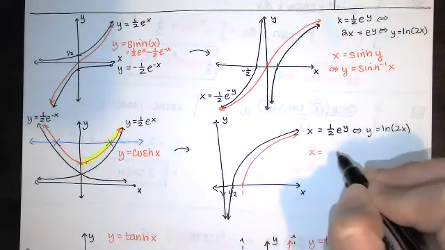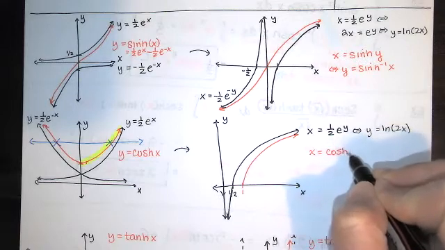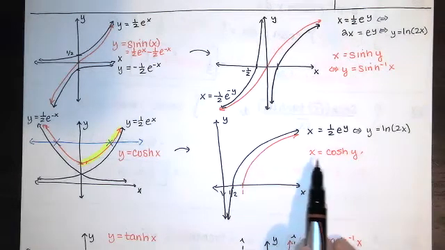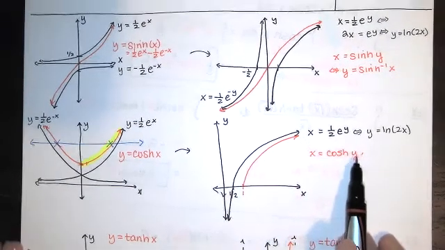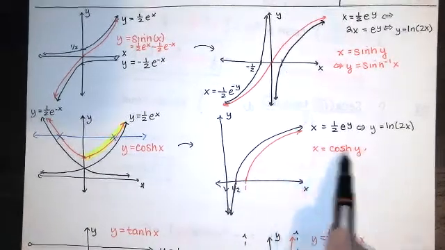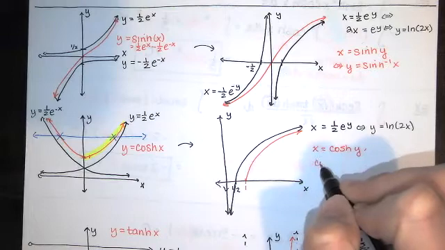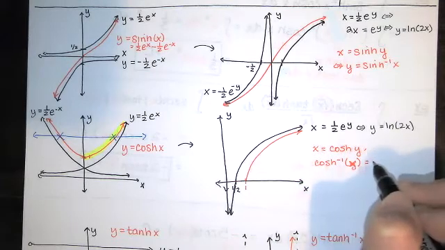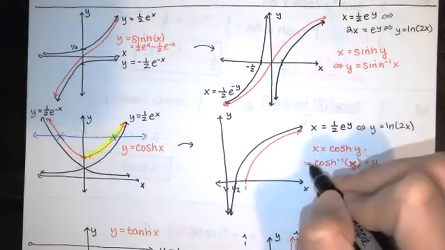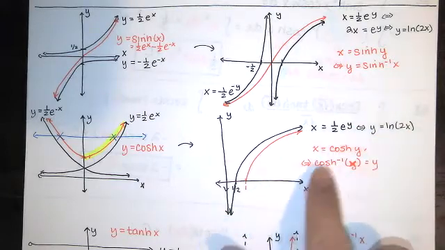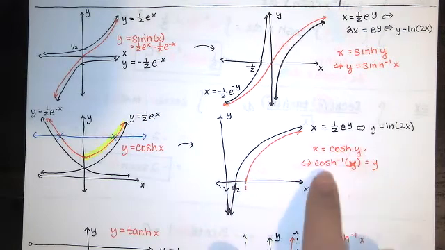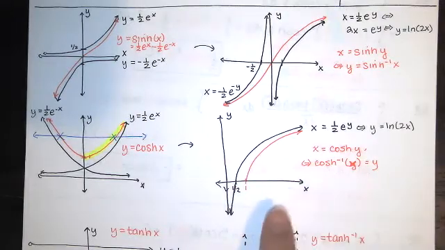It's x equals the hyperbolic cosine of y, but we're requiring, well, actually, let's solve this for y. Oops, I'm sorry. The inverse hyperbolic cosine of x equals y. So if we take the inverse hyperbolic cosine on both sides, the inverse hyperbolic cosine of the hyperbolic cosine just gives us y, and then we have the inverse hyperbolic cosine of x equals y.